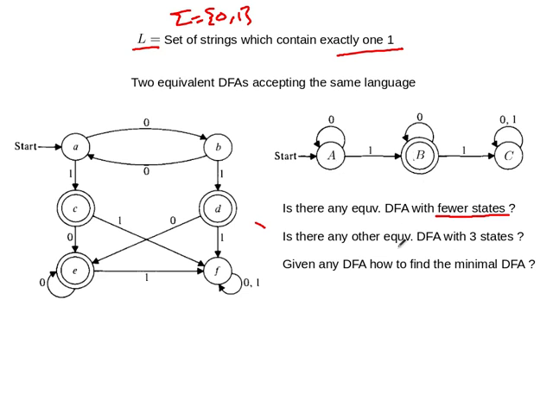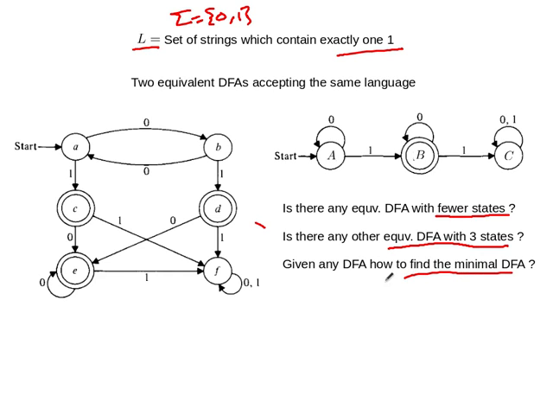Okay. So here you are asking about the uniqueness of the minimal DFA. And finally, we would like to have some kind of algorithm, some kind of recipe to find this minimal DFA.